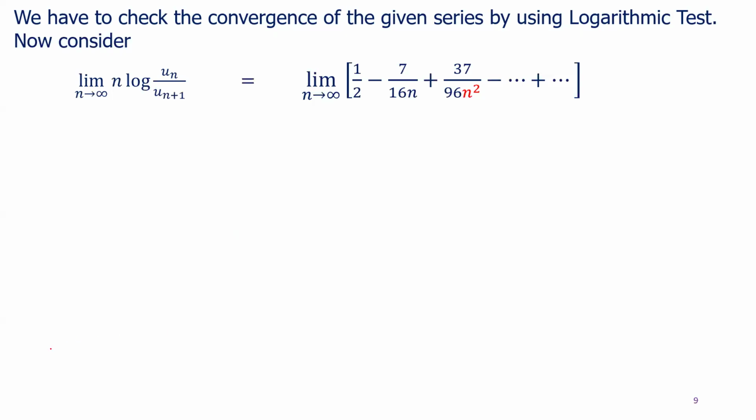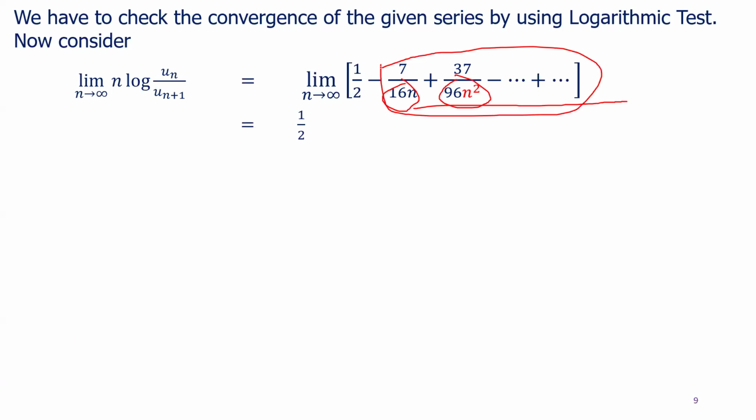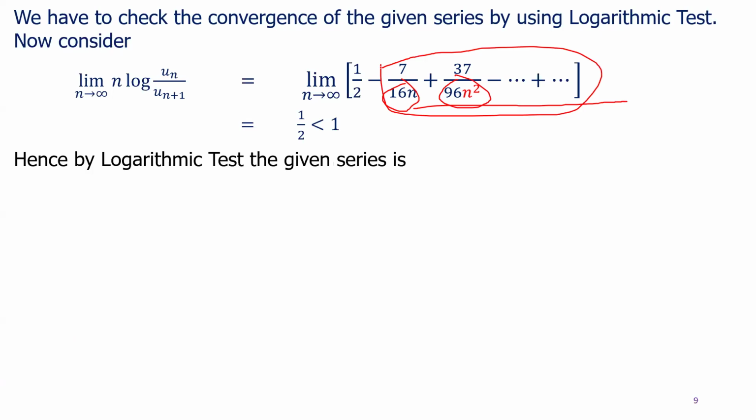If we put n tending to infinity, this becomes 7 upon infinity, 37 upon infinity, and all the remaining terms will be something upon infinity. So this will become 0, and we have only one value, which is 1 by 2. And since 1 by 2 is less than 1, by the logarithmic test the given series is divergent. Thank you.